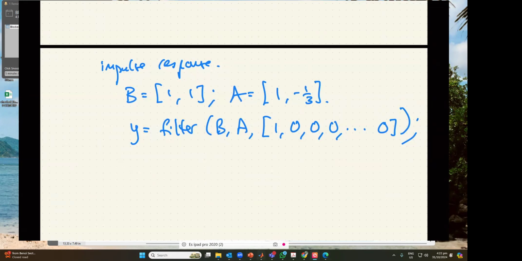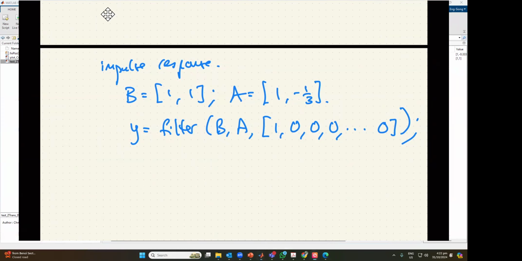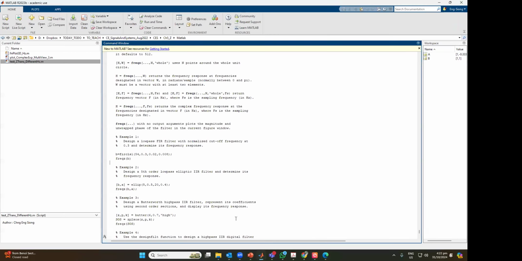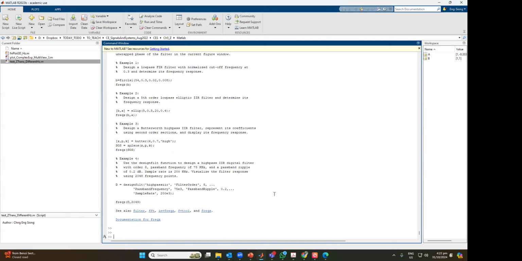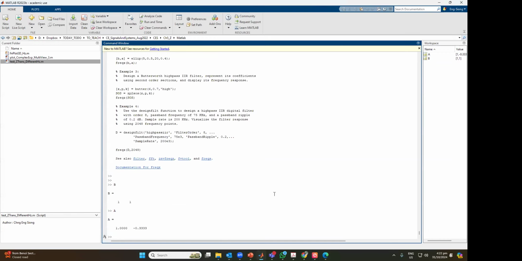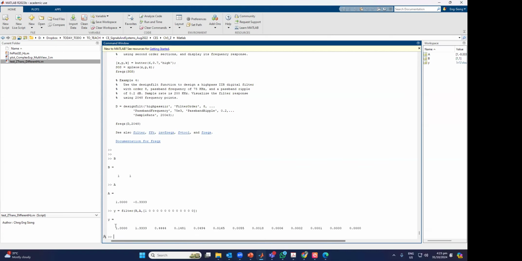Let's try, guys. B, A. Okay? Y equals filter B, comma A, 1. That means the impulse, all the rest are 0, however many you want. And the answer is 1, 1.33. So that's it. The sequence is there.